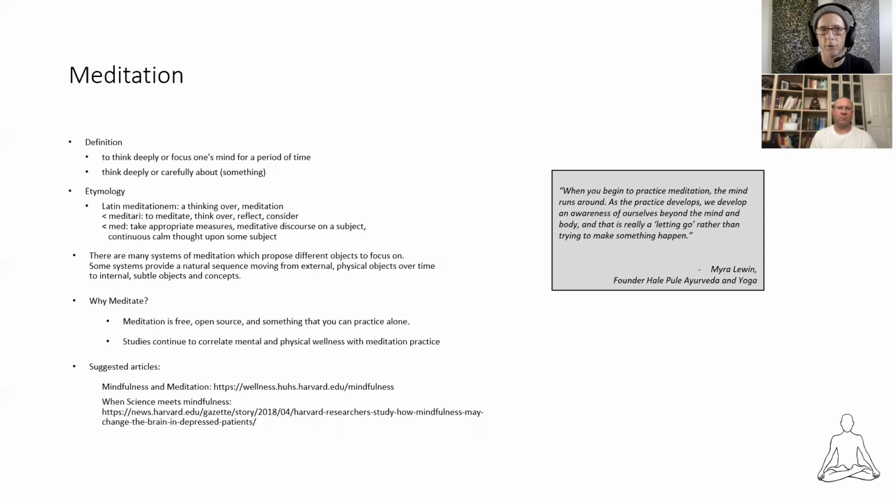And that comes from an earlier word, meditare, to meditate, think over, reflect. And that even traces back to an earlier, smaller root word, med, to take appropriate measures or meditative discourse on a subject. And this is my favorite one, continuous calm thought upon some subject.